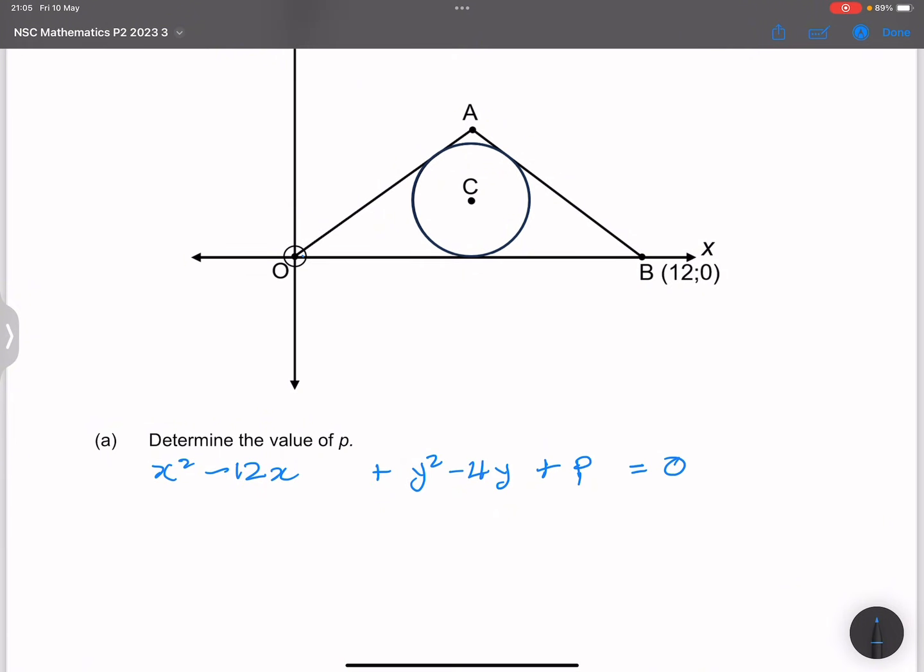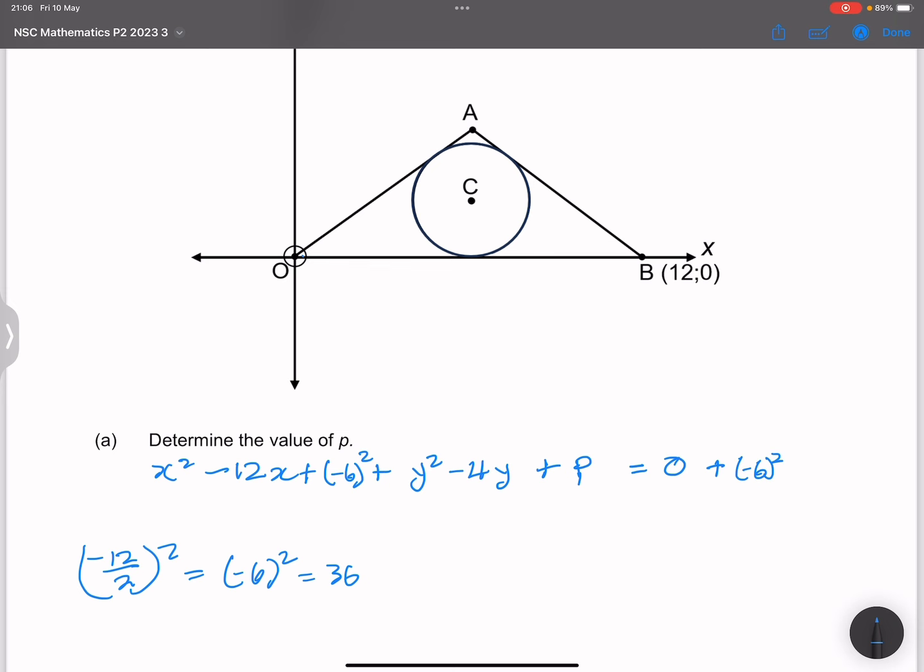We always take our b value, divide it by 2, and square it. So negative 12 over 2 gives us negative 6, and I always want to place it there as negative 6 squared, which is 36. Now we've added something that wasn't part of our equation, so I'm going to do so on the right hand side as well. So this is plus negative 6 squared.